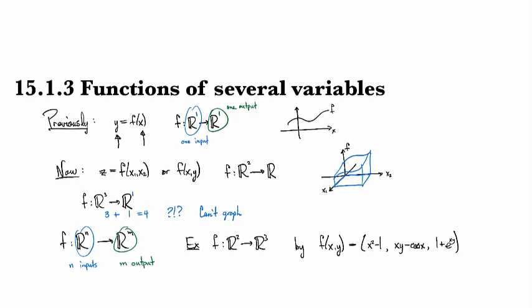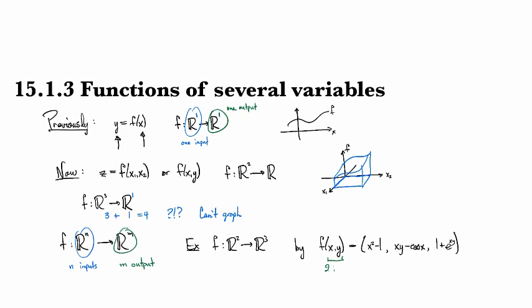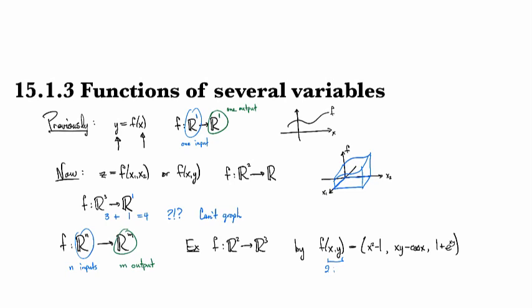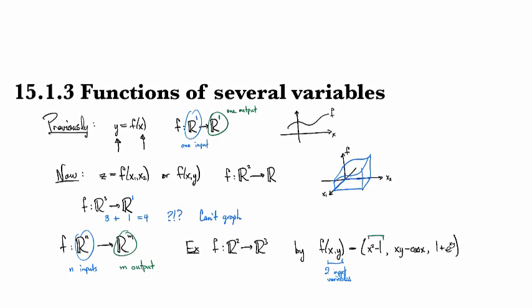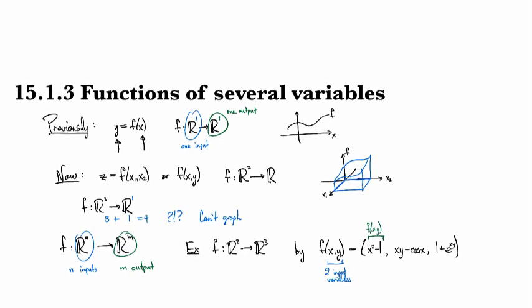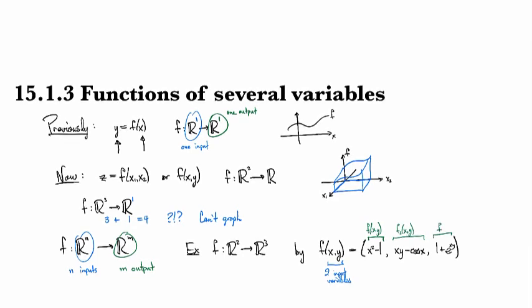Then I have two, actually, you know what, here, let's stick with keeping the inputs as blue. So I've got 2 input variables, and I've got 3 output variables. So here's f1 of x and y, here's f2 of x and y, and here's f3 of x and y.